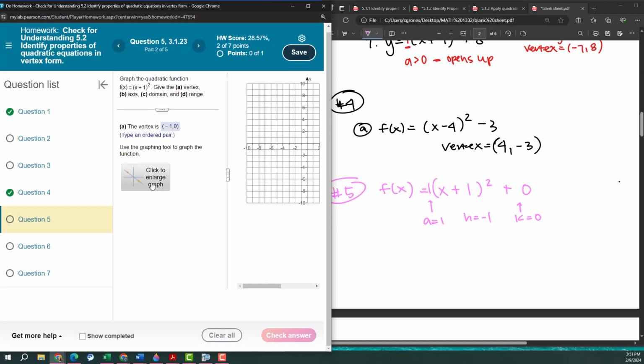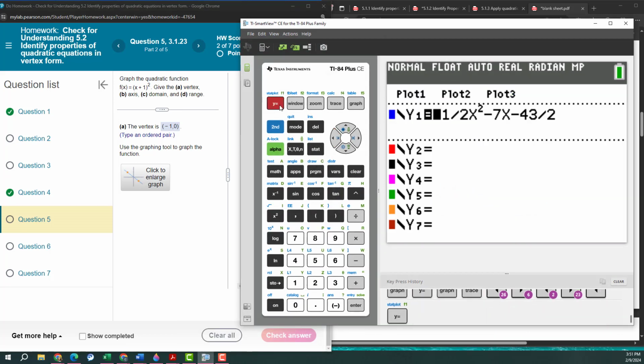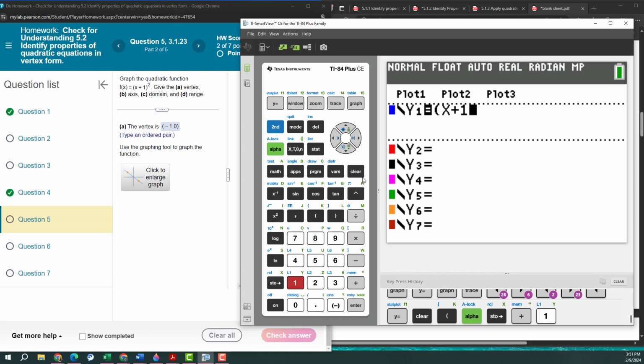Great. And then we are going to graph. So let me put this in my calculator. And let me clear this. So I've got x plus 1 squared.